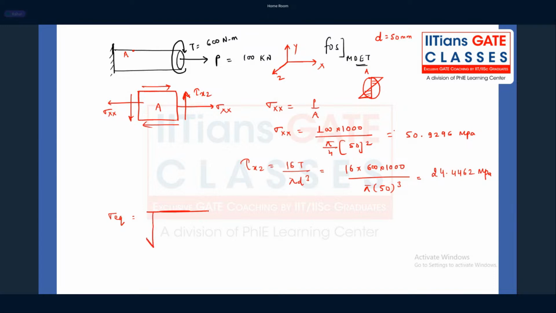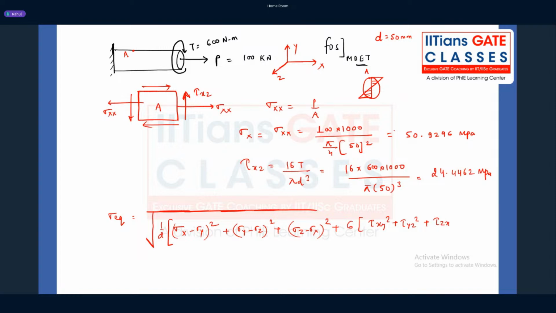Here we have the formula like half of sigma x minus sigma y whole square, sigma y minus sigma z whole square, plus sigma z minus sigma x whole square, plus 6 times tau xy square plus tau yz square plus tau zx square.